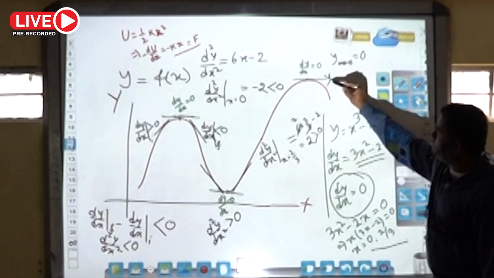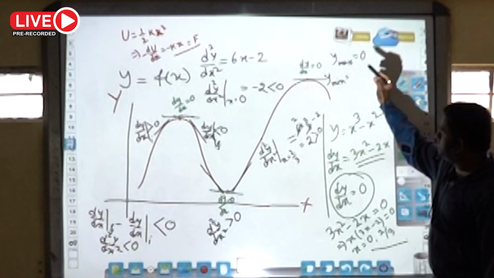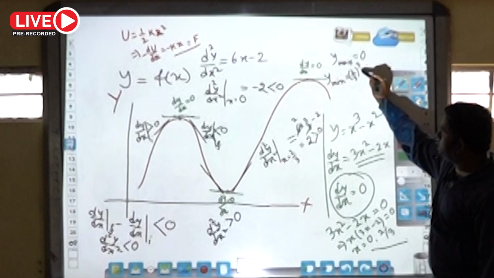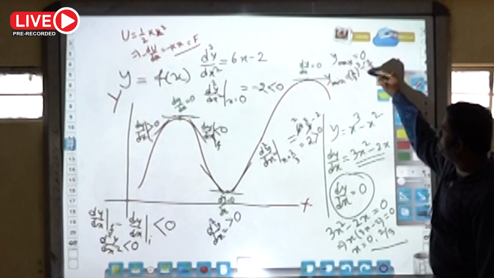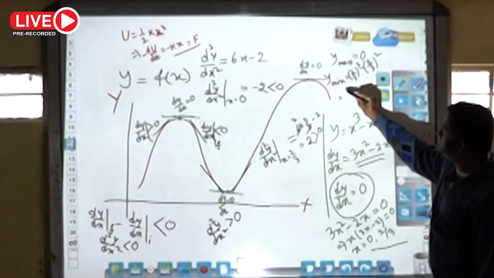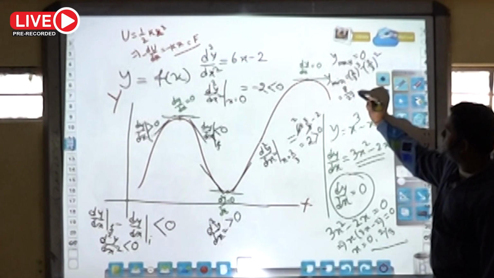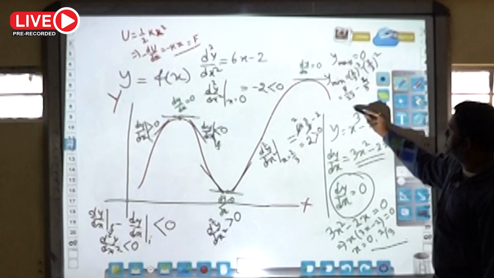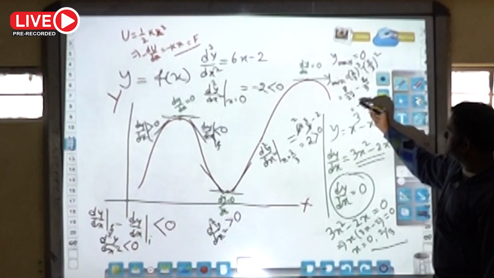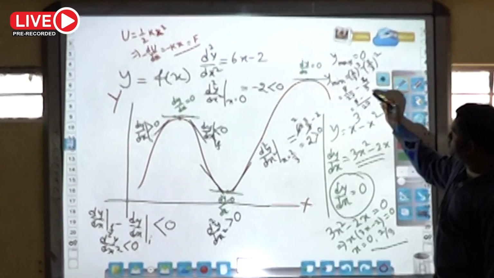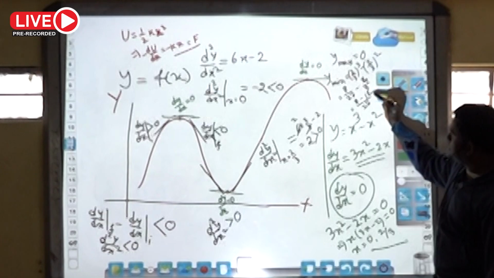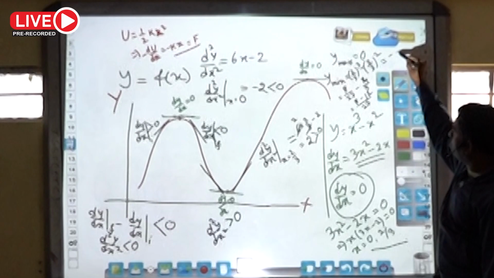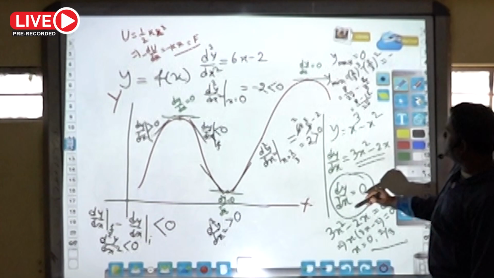So calculate y minimum. That will be 2 by 3 whole cube minus 2 by 3 whole square, that is 8 by 27 minus 4 by 9, that is 8 minus 12 over 27, so it will become minus 4 by 27.